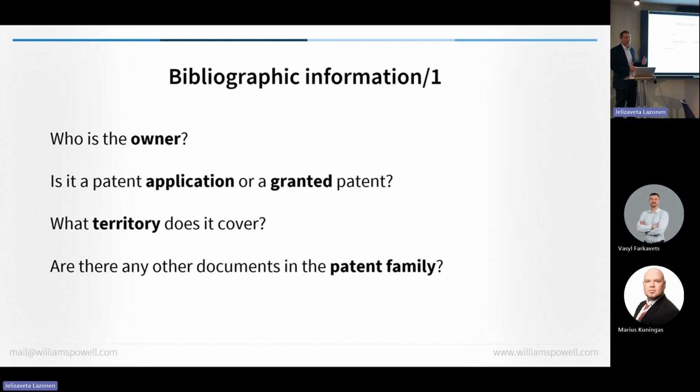As I mentioned before, we need to consider, is it a patent application or is it a granted patent? So this is important because a patent can't be granted until it's published. It can't be enforced until it's granted. But also it's important because during the application process, the scope of protection might change.